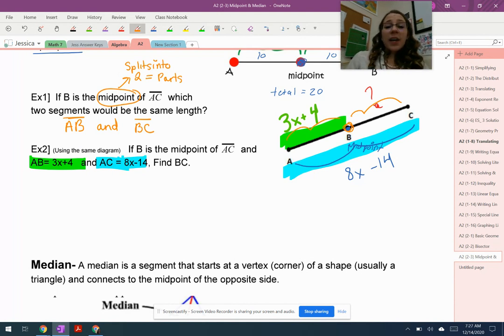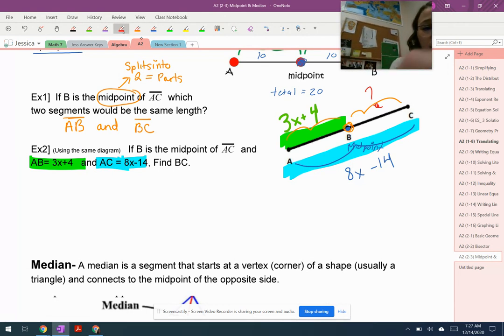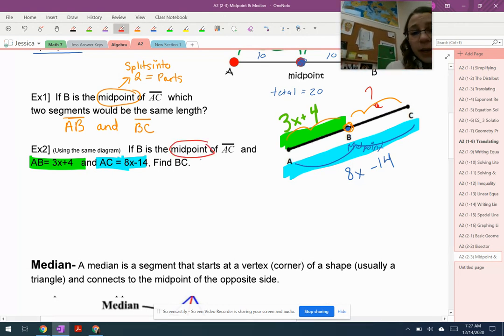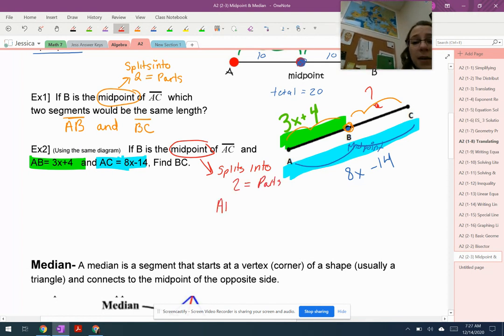Okay, so we have the whole AC being the 8x minus 14, and then we know that B is the midpoint, which cuts these two pieces in half. So midpoint means splits into two equal parts. So that means that AB is congruent or equal to BC.